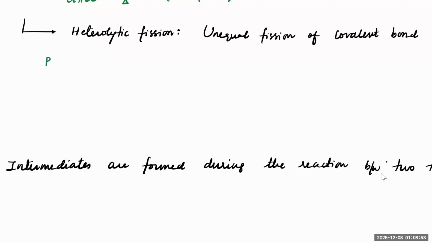For example, if you have PhCH2 connected with bromine like this, and if you're adding it in aqueous solution, chances are this bond will break, but it will take the electrons only towards bromine, thus giving us PhCH2+, which we call a carbocation, and Br−. So you can see we get a carbocation here.